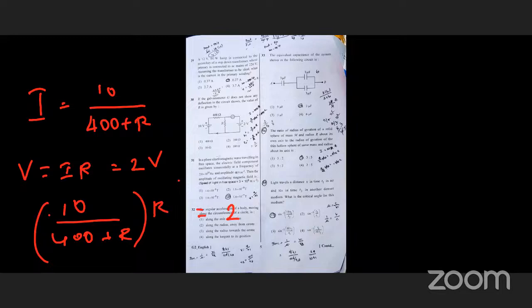So applying the value, I is equal to 10 divided by 400 plus R, into R is equal to 2 volt. Solving this, we get the R value as 100 ohm.